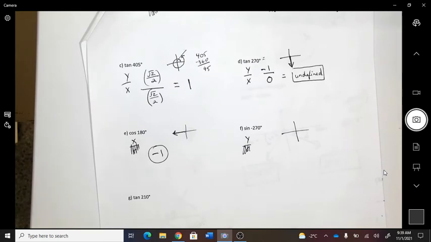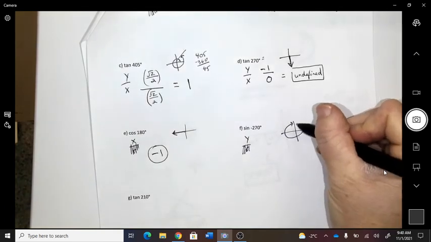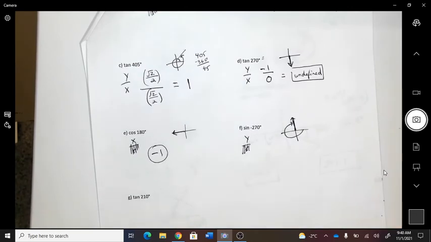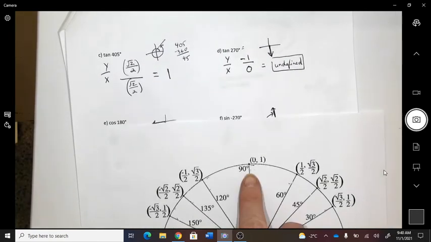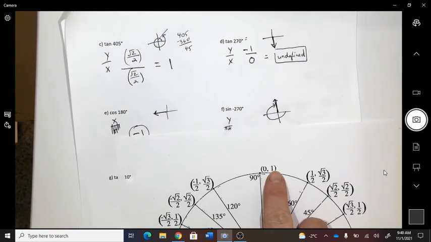If you went negative 270, would you land right on the 90 then? Does that make sense? So I land there. And what's the y coordinate? 1.